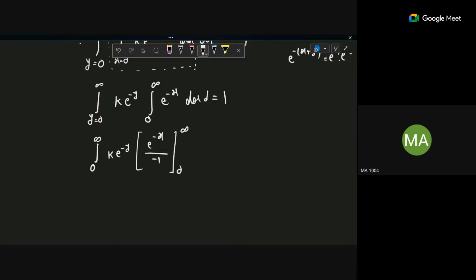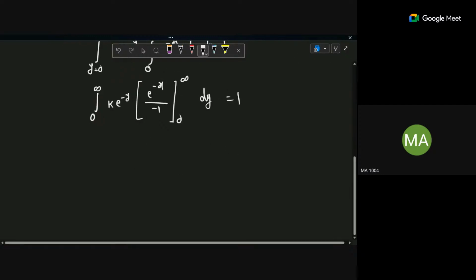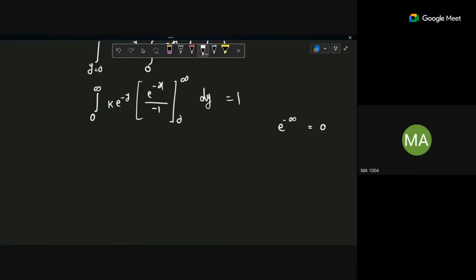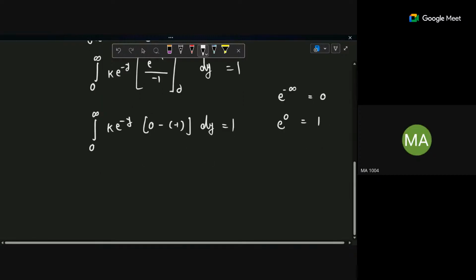Now you put the limit: e to the power minus infinity is 0, and e to the power 0 is 1. So we are left with k e to the power minus y, which is 0 minus of 1, with dy, so this is plus 1.